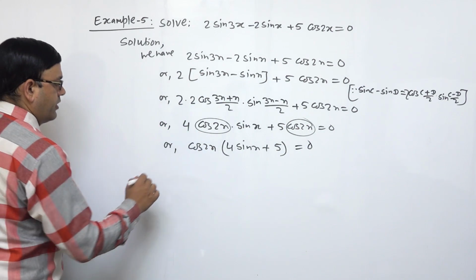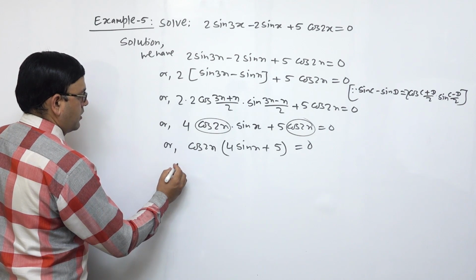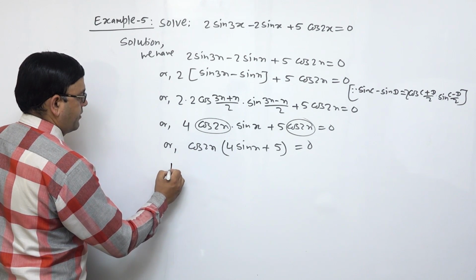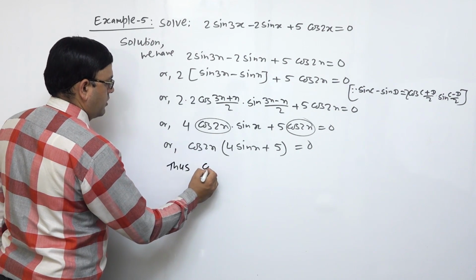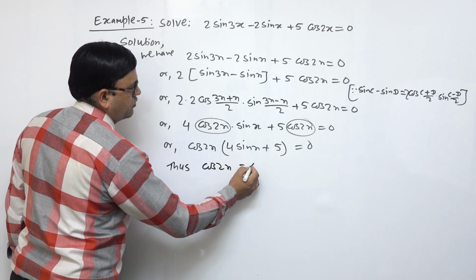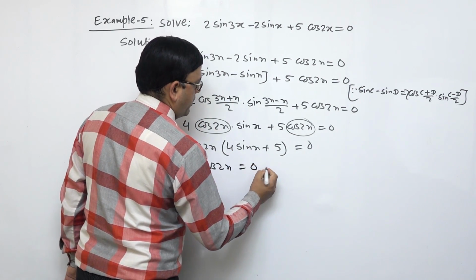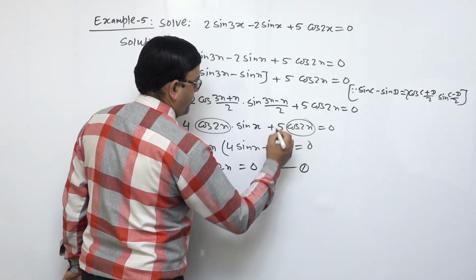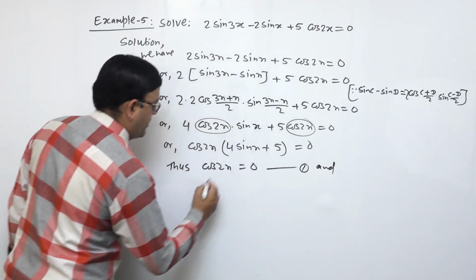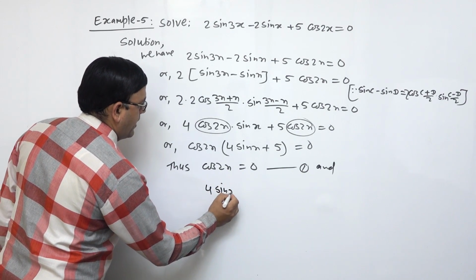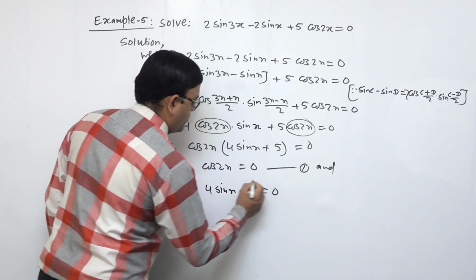So we have either cos 2x is equal to 0, we can say this one is equation 1, and then another one, 4 sin x plus 5 is equal to 0.